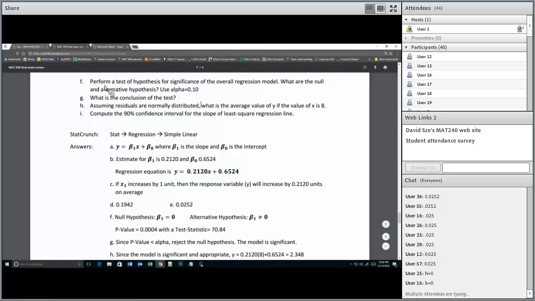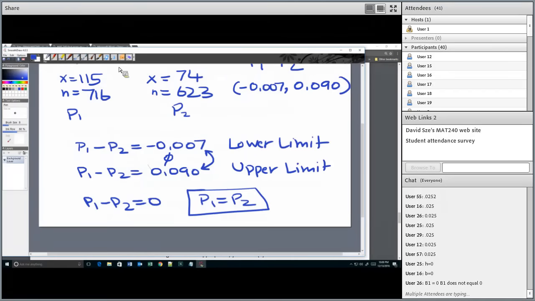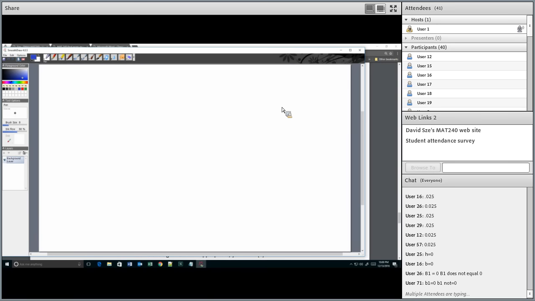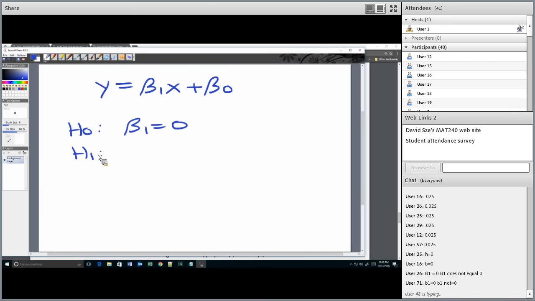We're basically testing if my test that I'm conducting is this. If y equals beta 1x plus beta naught, this is my regression equation, then to test whether there is a linear relation between the data, I have to test whether B1 is 0. And the alternative is that B1 is not equal to 0.